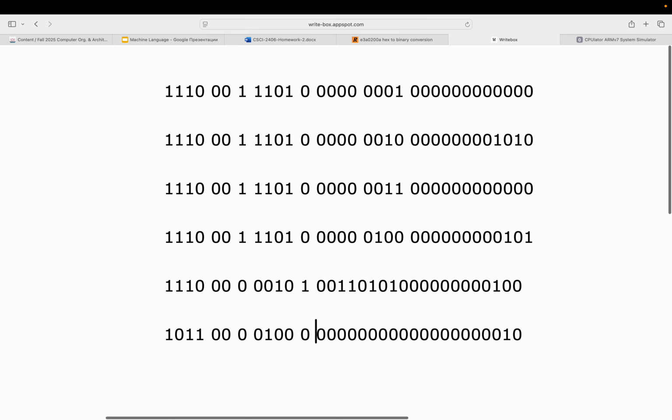Here we see some changes and it's more different than the others. Firstly, this 0, 1, 0, 0 basically represents add. So we are going to add RD, RN, and CRS2, and CRS2 is going to be 2. And this condition basically means less than. So it's not the same as the previous ones, that's why it's less than.